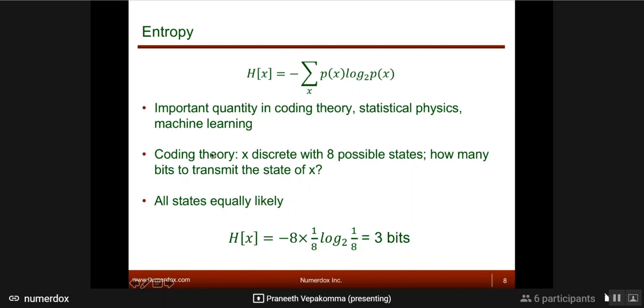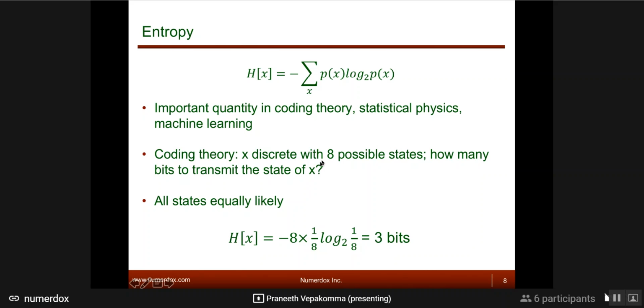Now, from a coding theory standpoint, we are not going to go deep into it, but it's good to state this, which is, you want to know how many bits are required to transmit the state of X when there is uncertainty. Say, for example, in an extreme case, the coin you're tossing is highly biased towards only giving you a head.